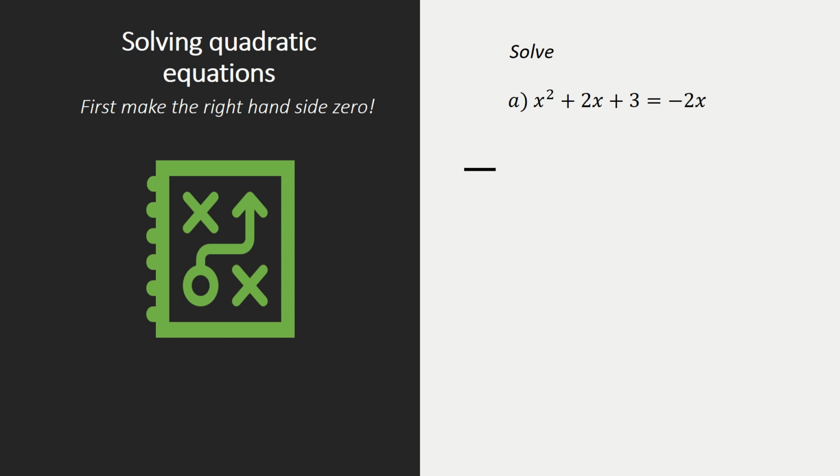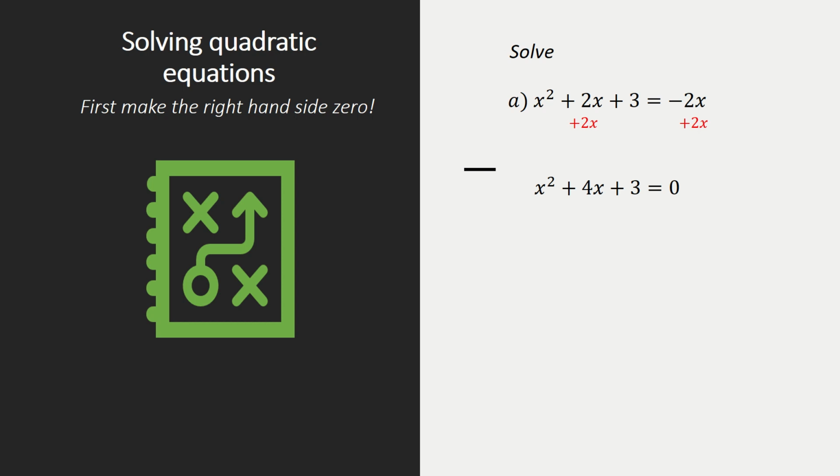We know how to solve quadratic equations when the right hand side is equal to 0. Now there is minus 2x. So first step is to make the right hand side 0. We've already done this with the previous example. We need to add 2x. So you will get x squared plus 4x plus 3 equals 0.